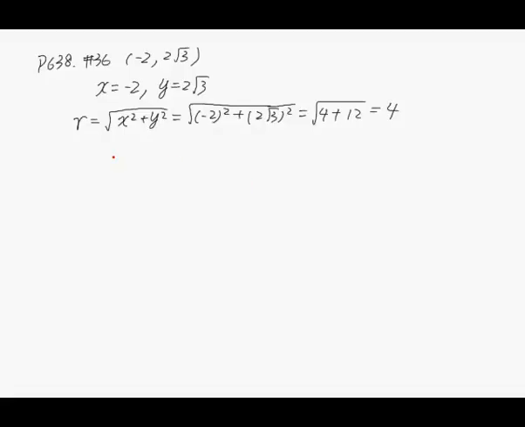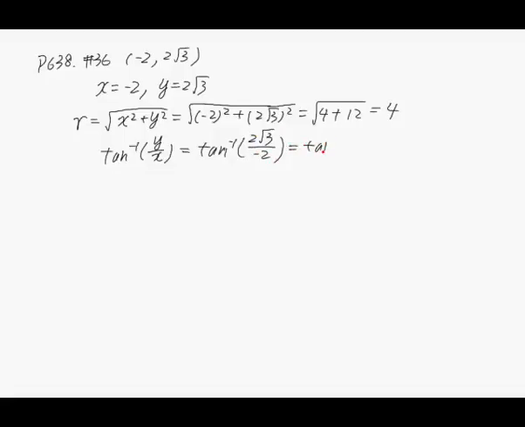Then let's get the tangent inverse of y over x. We try to find the angle theta. And let's first find this, tangent inverse of y over x. So it's tangent inverse of 2 times root of 3 over negative 2.